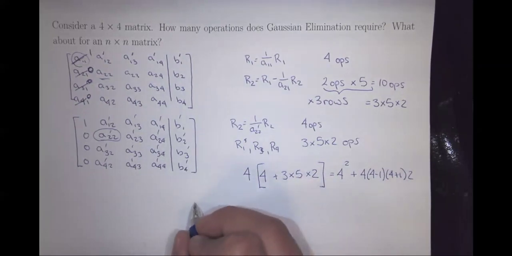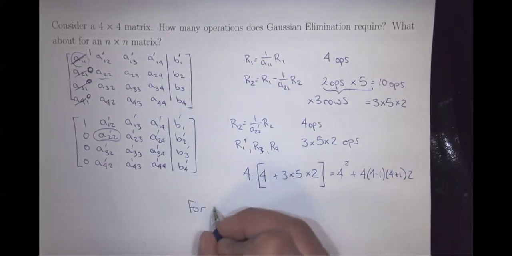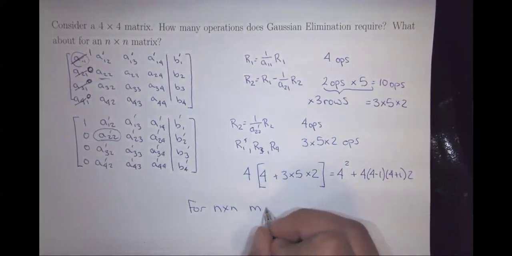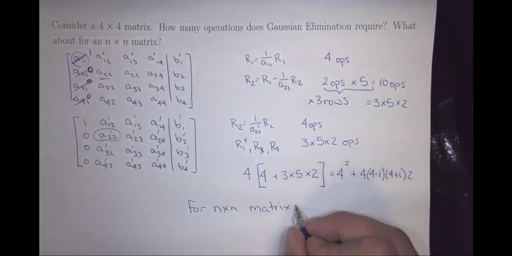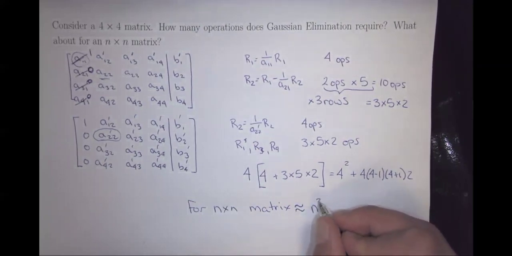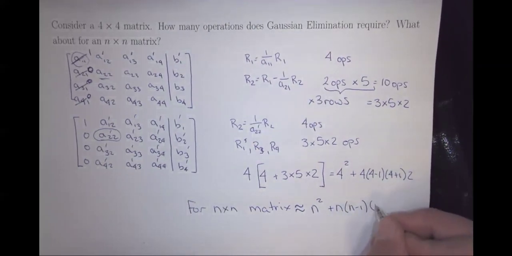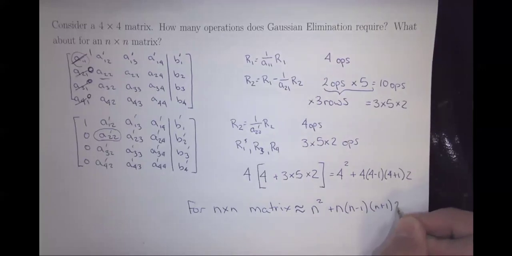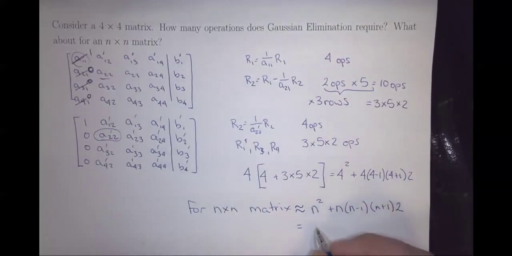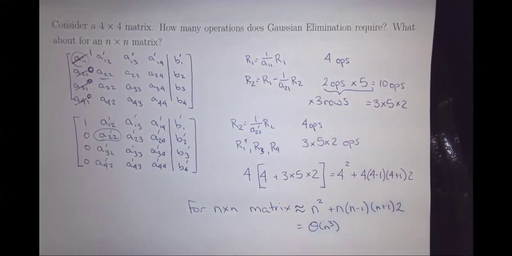But in general, for an n by n matrix, we're looking at roughly n squared plus n times n minus 1 times n plus 1 times 2, which is of the order n cubed operations, which is not great.